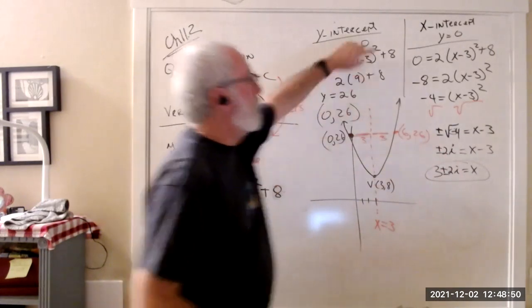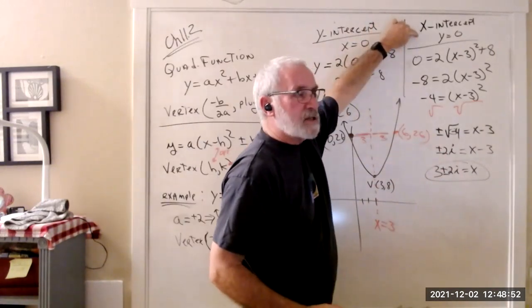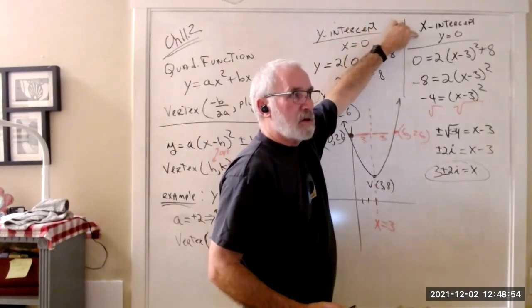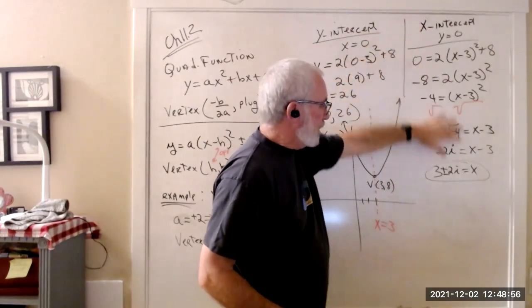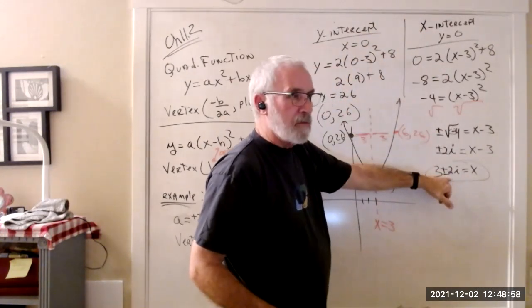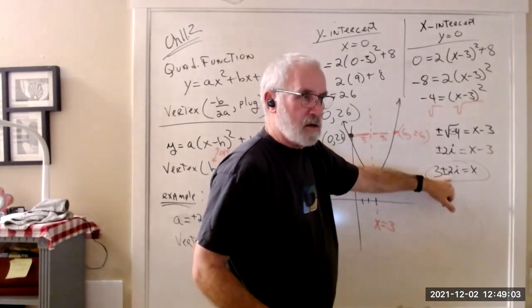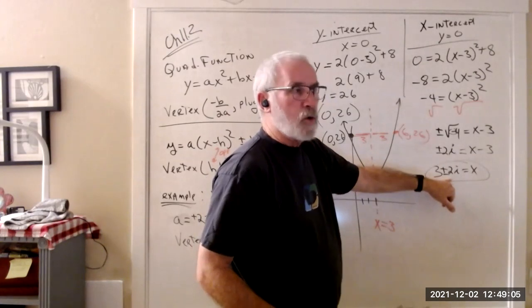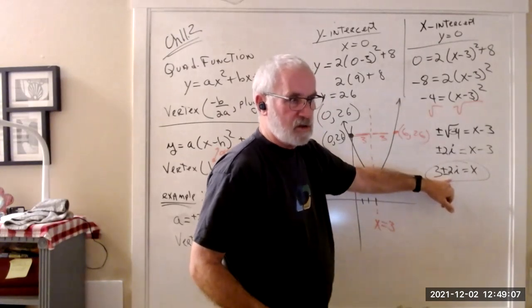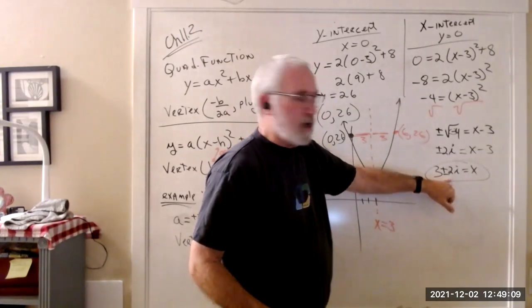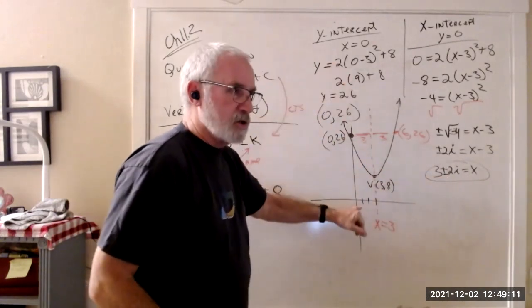So think about what we were doing. We were finding the x-intercept. But your algebra is trying to say, hey, wake up. Your x-intercept is imaginary. That's what it's trying to tell you. It doesn't exist. And that's what your graph actually says.